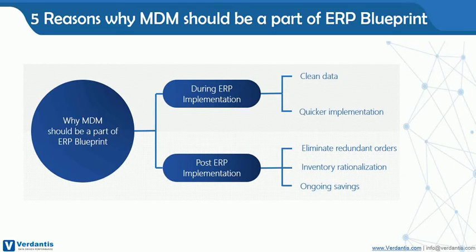We're not going to ship an order twice. We're not going to send an invoice twice. We're not going to order extra material to cover for bad inventory. I'm going to reduce stock because I can trust my numbers. And then, of course, ongoing procurement or sourcing or supply chain savings, things that can be quantified with lack of cash that was outlaid or a lower amount of cash that was outlaid for same goods or same services year over year.